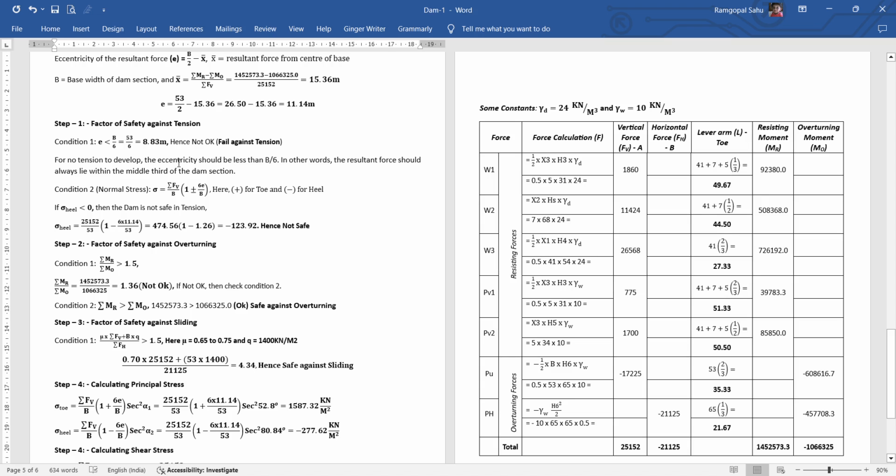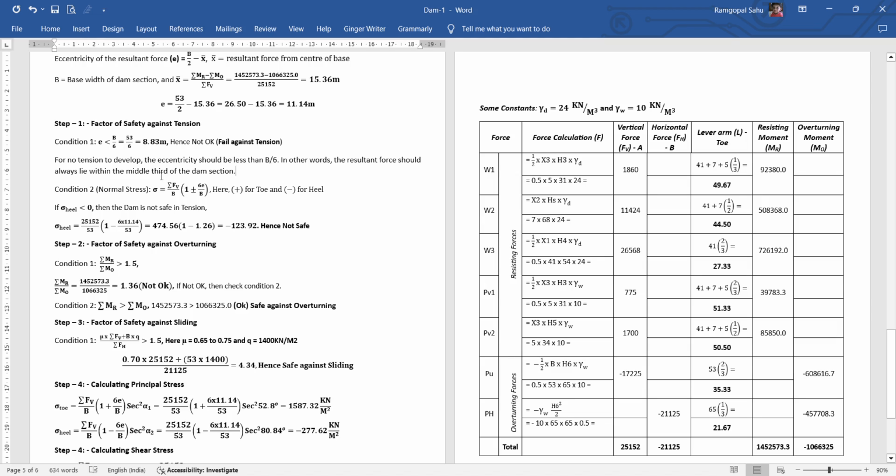Always remember this point. And if the eccentricity is greater than B by 6, the base of the dam experiences tensile stress. So with respect to this statistics, you can say that the base of the dam section is experiencing tension stress.